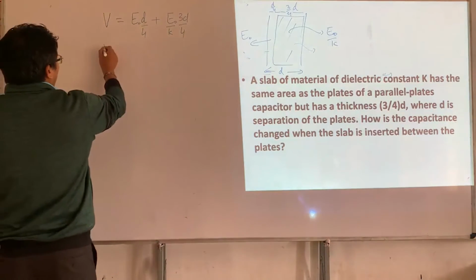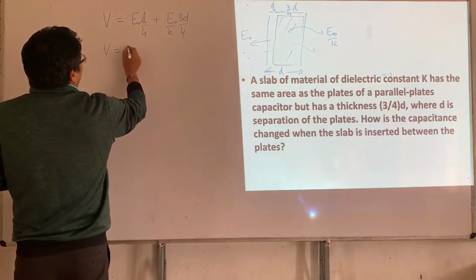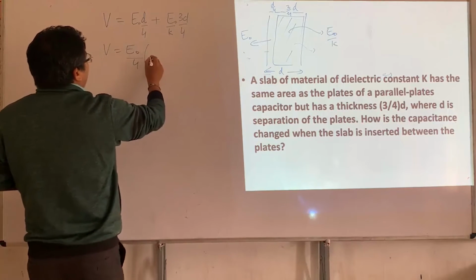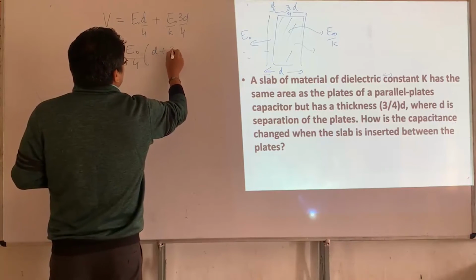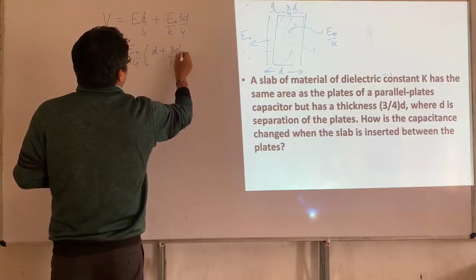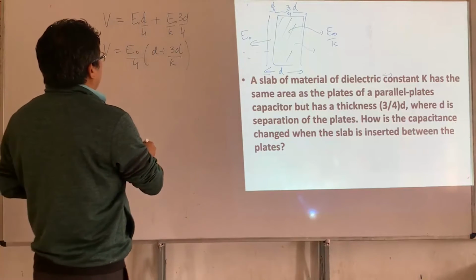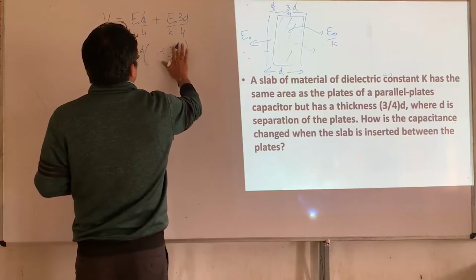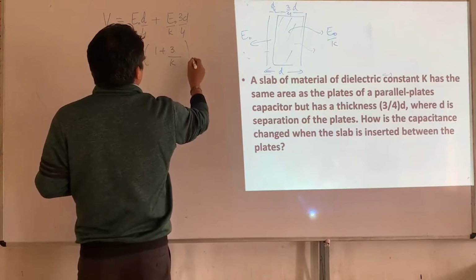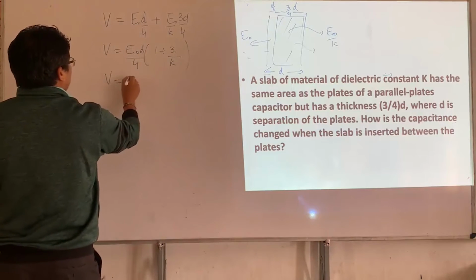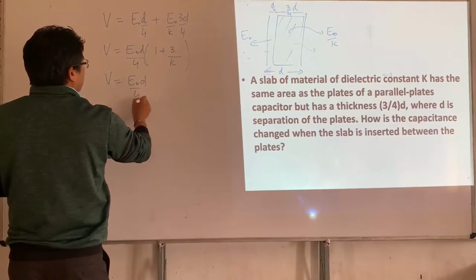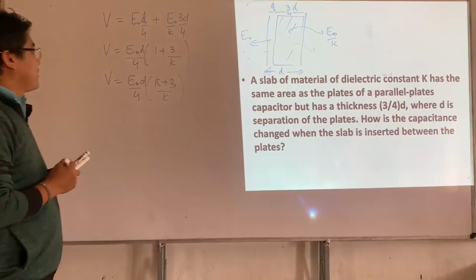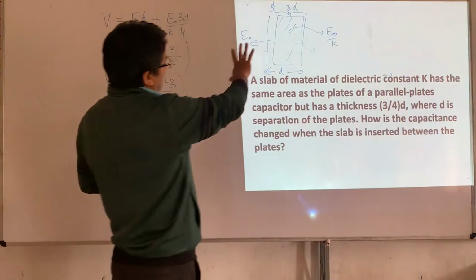So the potential would be equal to E, I take 4 common out, and then D plus 3D divided by K, and then D is again common, I take out this D, so the potential would be equal to E naught D into K plus 3 by 4K. This is the potential.